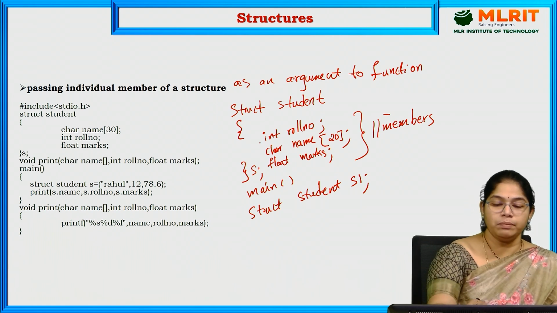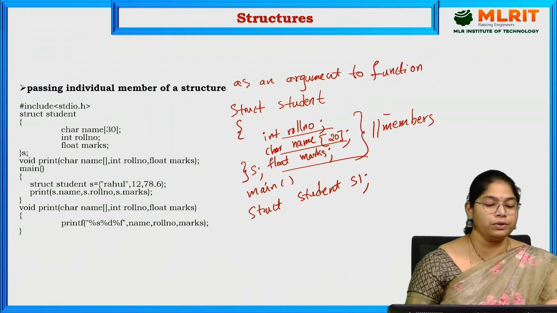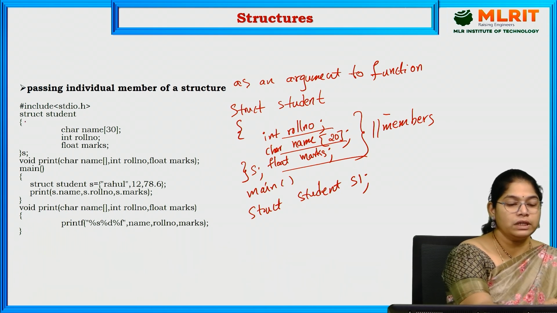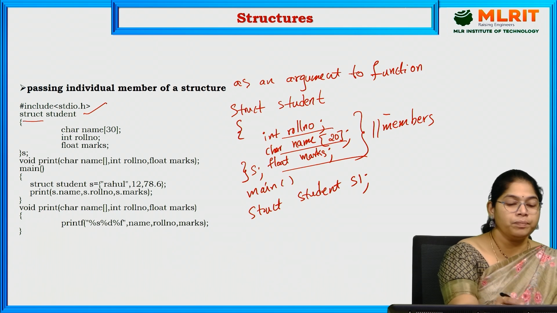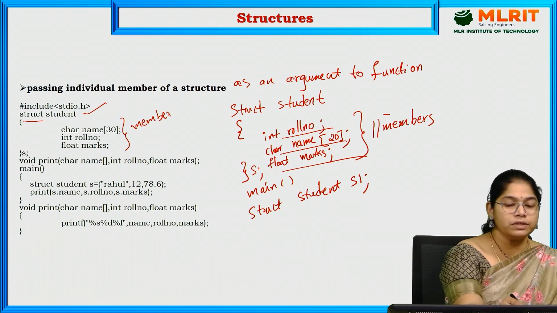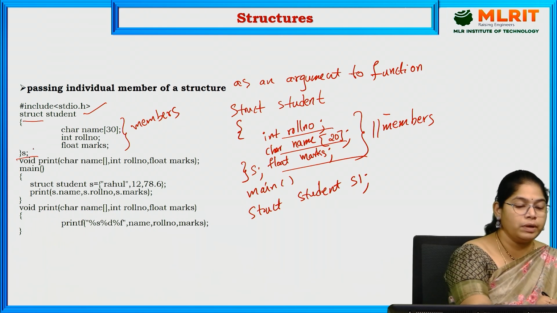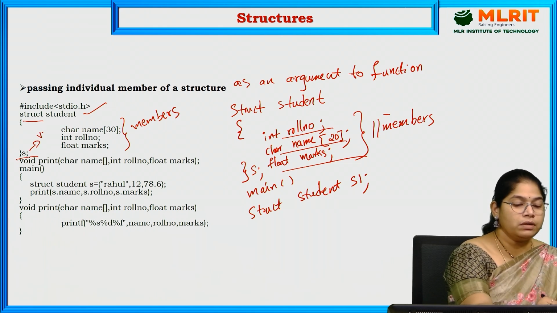These are the members of the structure. We are passing these members as an argument to function. So here we are declaring the structure with the keyword struct student. These are the members of the structure, and here I declare the structure variable. It is a structure variable.